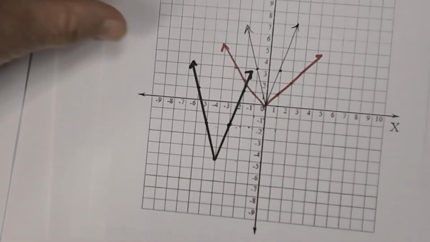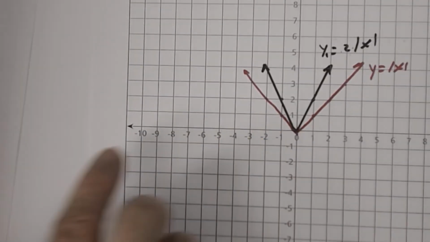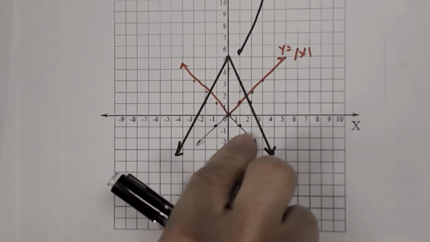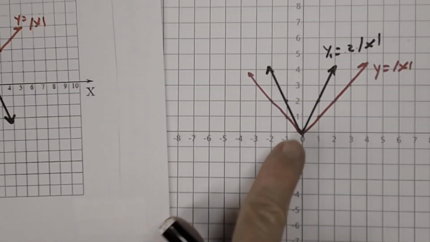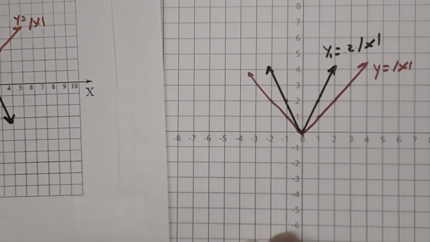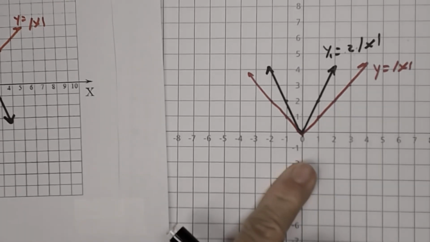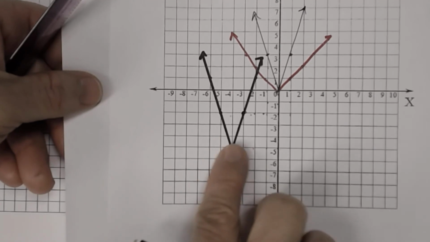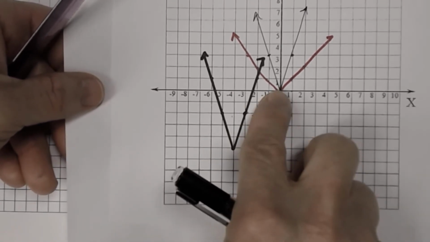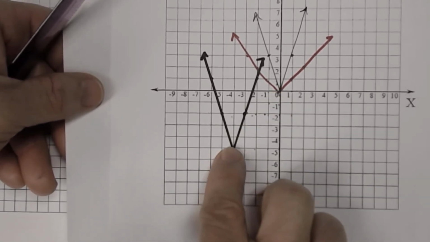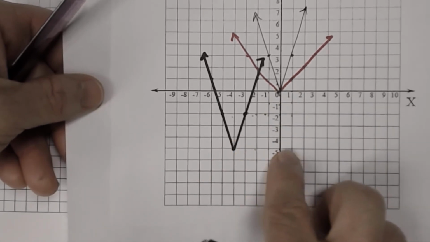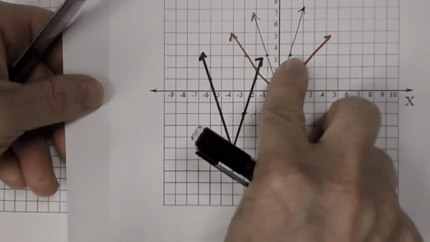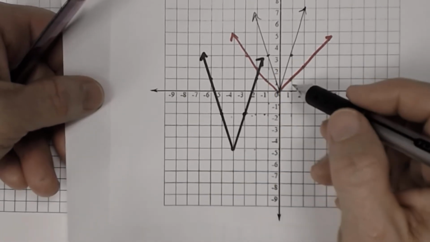To get that scale factor, I had to reorient the red graph and the black graph so that they had the same vertex pointing in the same direction. And then right away, I can figure out my factor. Same thing here. I reoriented my vertex to get to the same spot. So I had to go to the right and then up. Everything here moved the same direction. Right, up, okay? Now you know what the scale factor is.